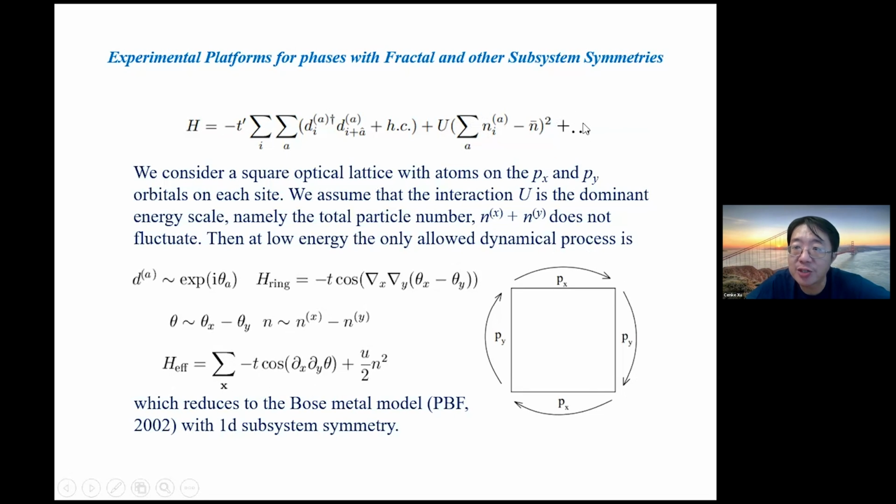There are some small interaction terms. So the small interaction term, this u is just the nx minus ny square. If you add these two terms together, you will get some interaction between nx, between ny, and some interspecies interaction between nx and ny with different amplitude. Okay. Yeah. Thanks.